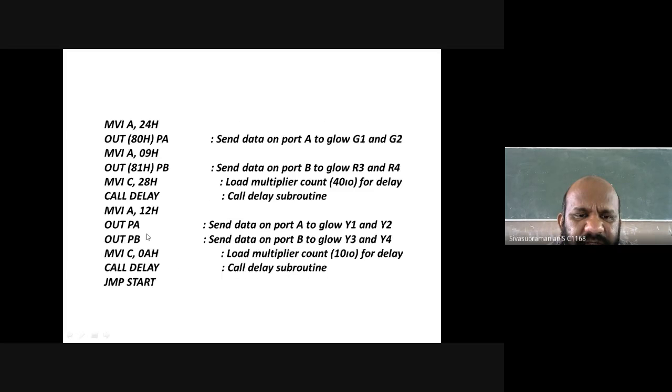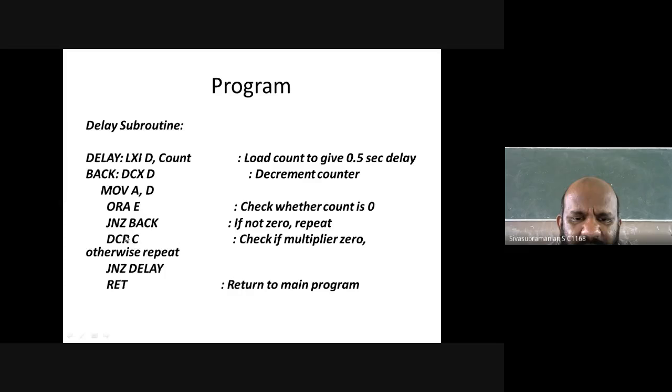So this C register is what I'm going to use here. The decrementing of that C register is done here, right? So if that multiplier value is 0, okay, then it goes back to the main program. If that value is not 0, then this delay program will continuously be running ahead, right? So this is with respect to our traffic light control using our 8085 microprocessor.